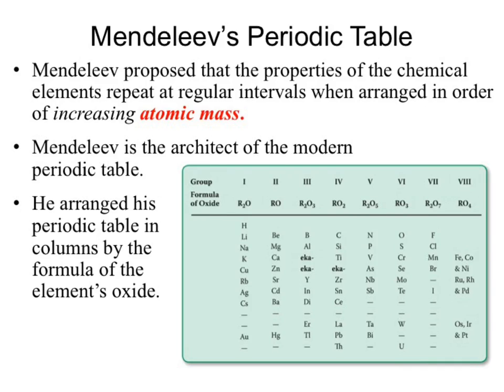So he predicted, based off of his table, what we would expect out of it. How should they react with oxygen? What should their mass be? Okay? He could come up with some pretty amazing predictions from this. And in some cases he was right, and that's usually what he gets credit for. In other cases, he was wrong, and we kind of swept that under the rug. Okay? But the predictive ability was the best part of this.